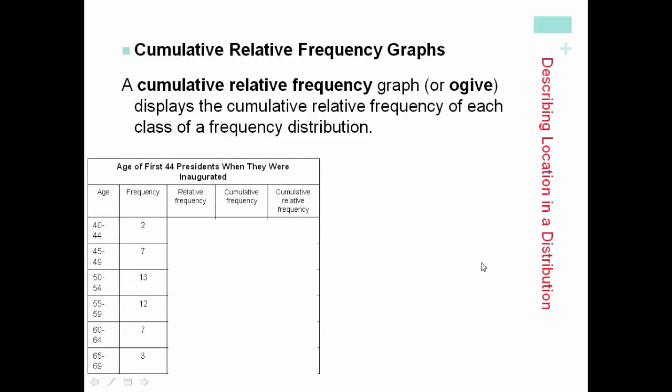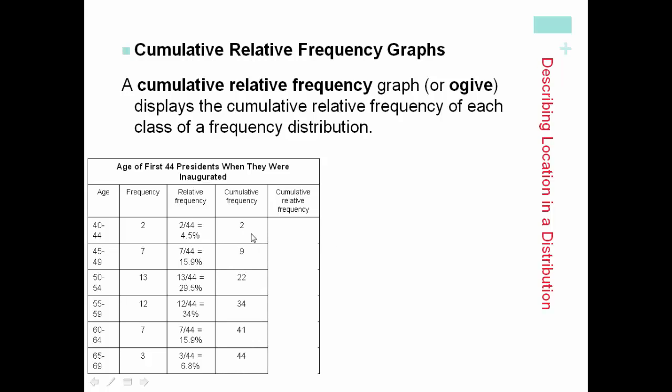A cumulative relative frequency graph tells us the cumulative percentages. An example is the first 44 presidents, their age when they were inaugurated. The frequency tells us how many there are. We can find the percentage very easily by taking the number divided by the total of 44 presidents.